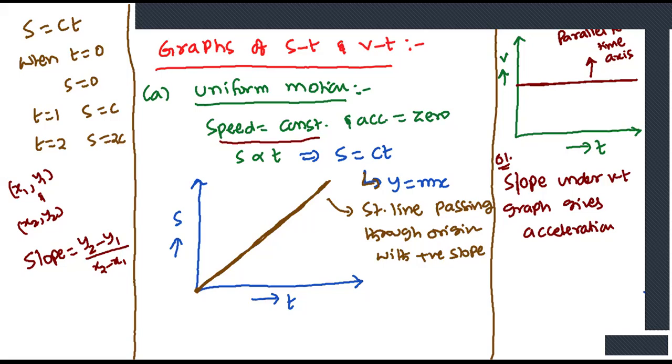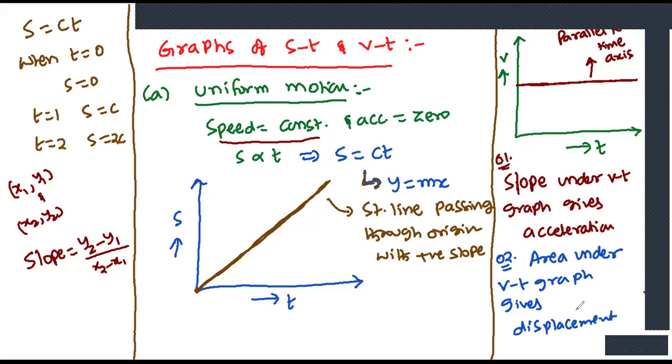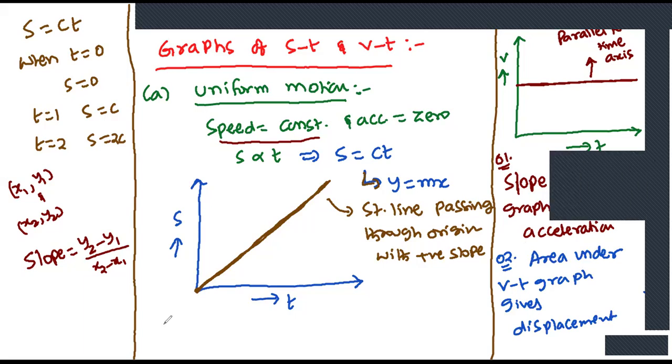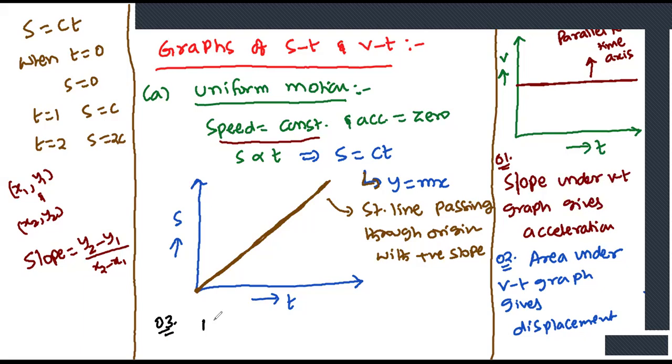Next, area under the VT graph. Area under the VT graph gives displacement. Next, the third point: slope under the ST graph.